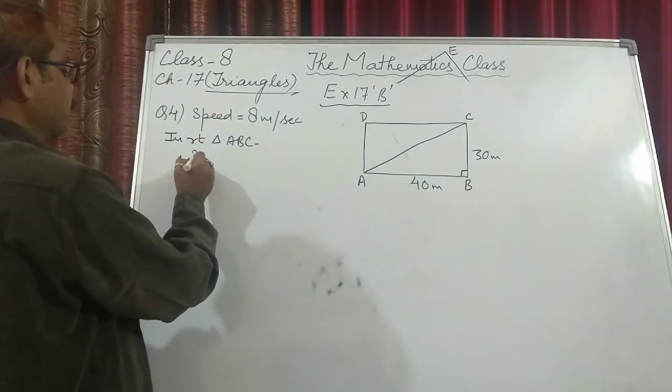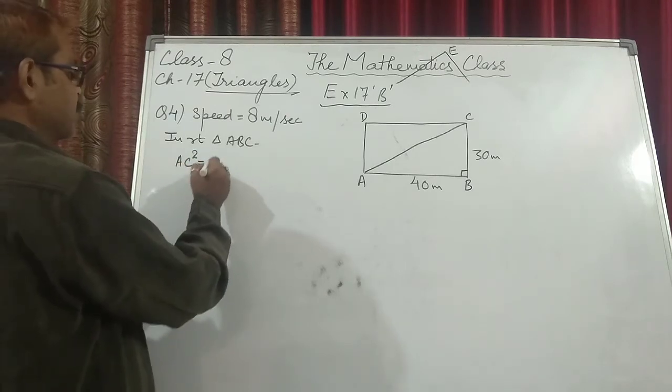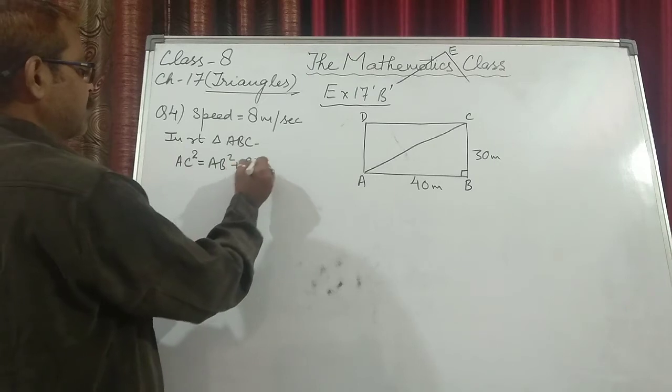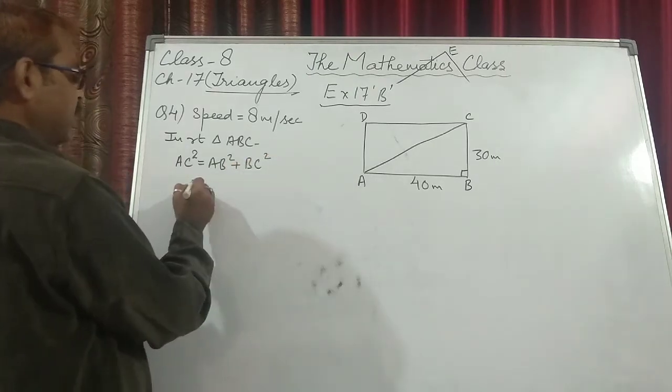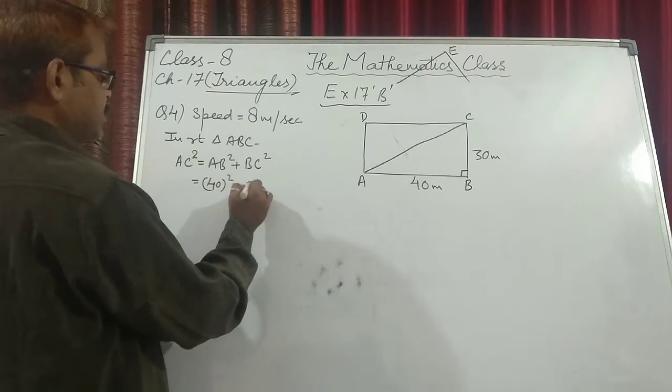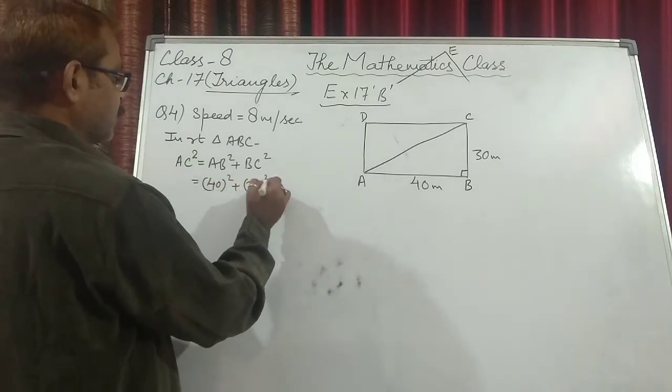According to Pythagoras theorem, hypotenuse square is equal to the sum of the squares of the other two sides. So AB is 40 given, so 40 square. BC is 30 given, so 30 square.